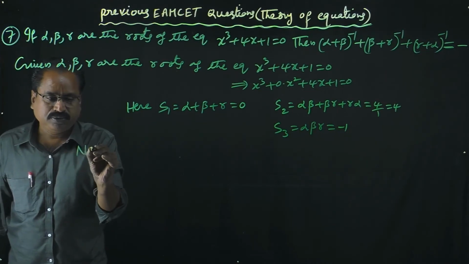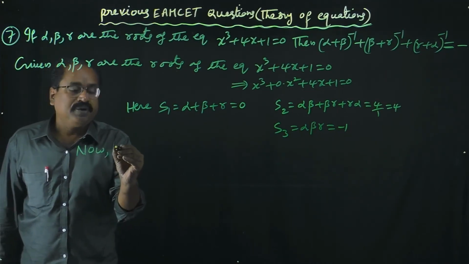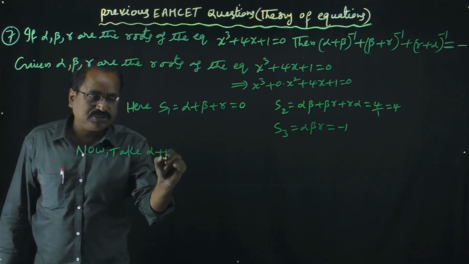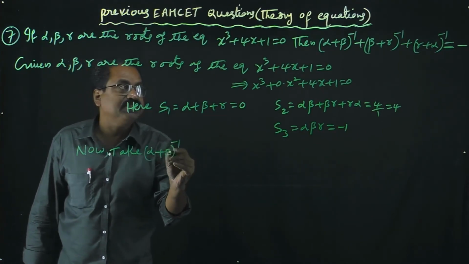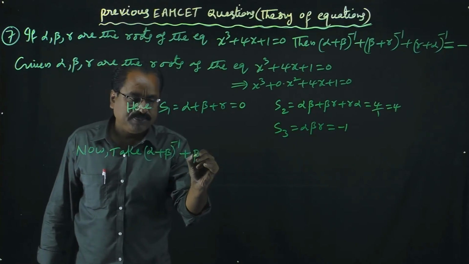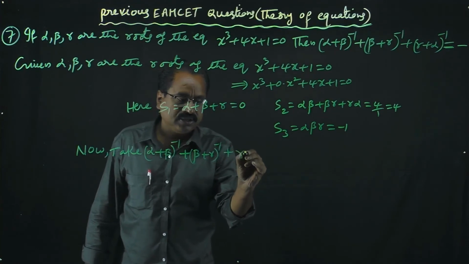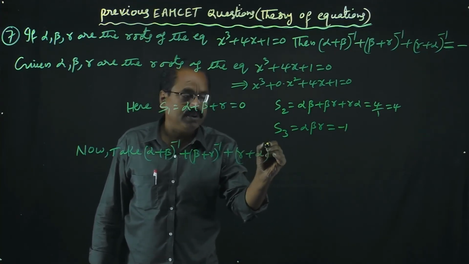Now take (alpha plus beta) to the power minus 1 plus (beta plus gamma) to the power minus 1 plus (gamma plus alpha) to the power minus 1.